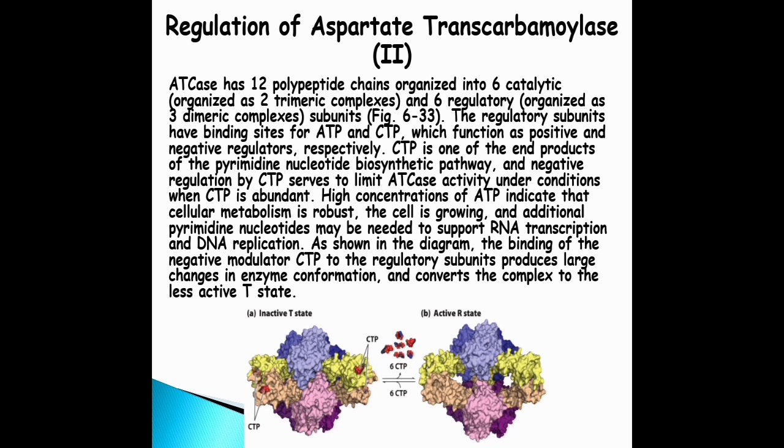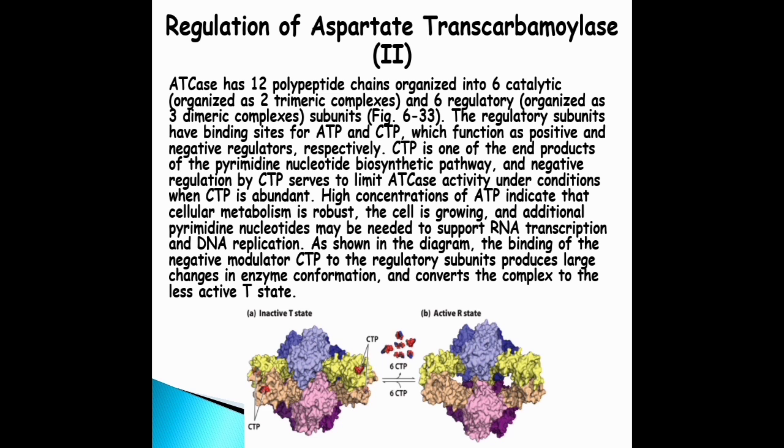CTP is one of the end products of the pyrimidine nucleotide biosynthetic pathway, and negative regulation by CTP serves to limit ATCase activity under conditions when cellular metabolism is robust.